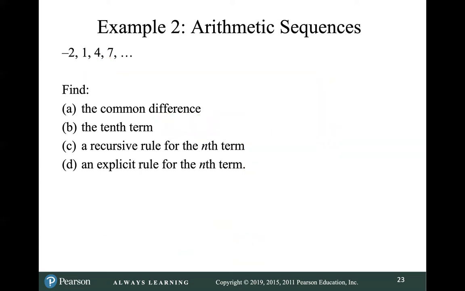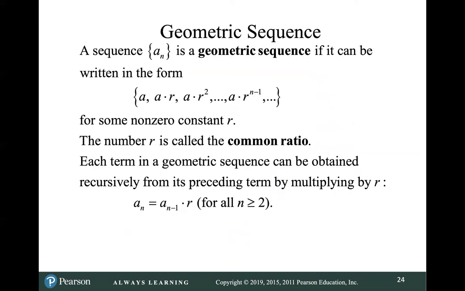Next, we're going to look at geometric sequences. For our geometric sequences, instead of adding every time, we are multiplying every time. So again, I'm going to call this A1, A2, A3, all the way up to A sub n. And those subscripts are just telling us what order we're going in.